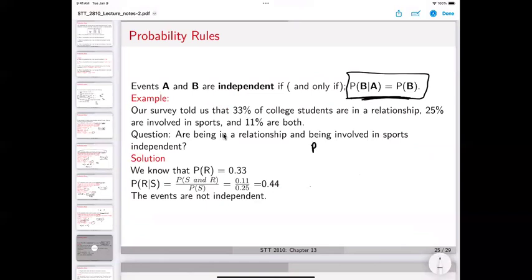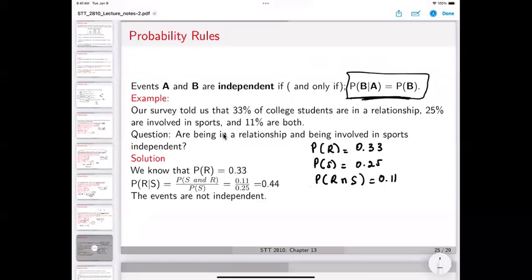So we know P of R equals 0.33. And then 25% are involved in sports. P of S equals 0.25. And then 11% are involved in both. So P of R and S equals 0.11.